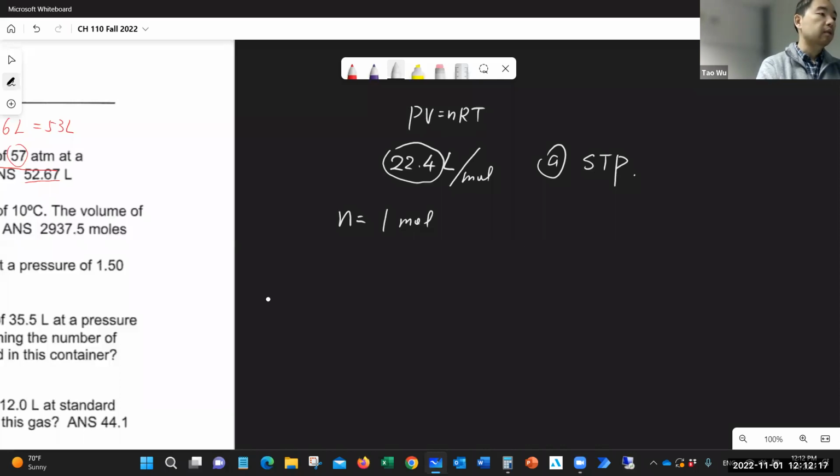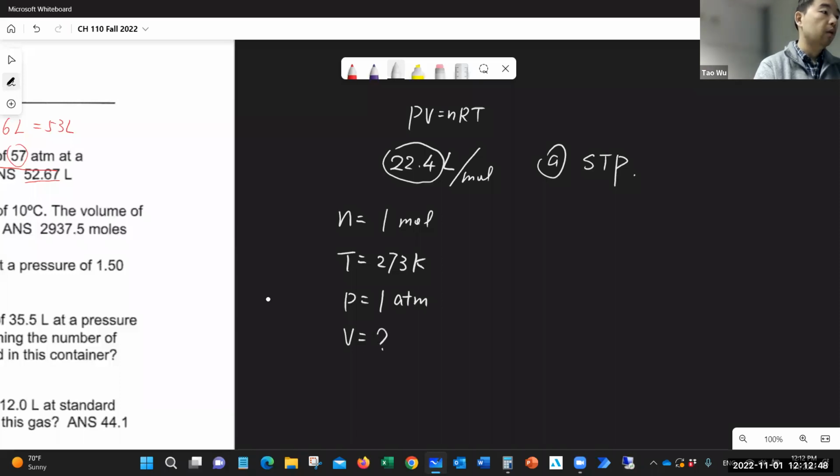Again, what is the temperature in the STP condition? 0 Celsius, so that's 273 Kelvin. And what is the pressure under STP? 1 atmosphere. So now we're looking for the volume.